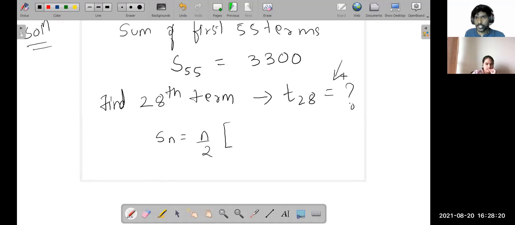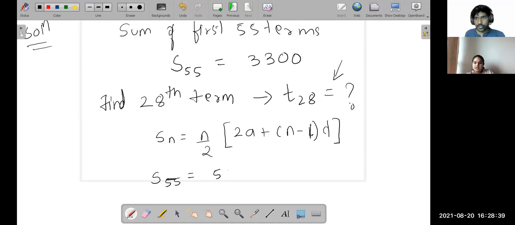Here I will use the Sn formula for this. So substitute S55: 55 upon 2 into a, we don't know, keep it as it is, plus n is 55.